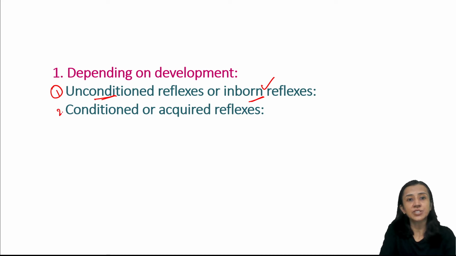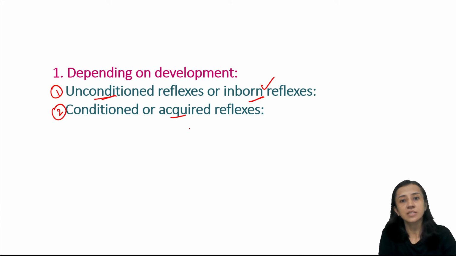Second, that is conditioned reflexes or acquired reflexes. We require to learn them. For example, suppose you have heard about your favorite dish, then you have salivation. There is no connection between hearing and salivation. But because of learning, you know the taste of the particular dish, so you have salivation.